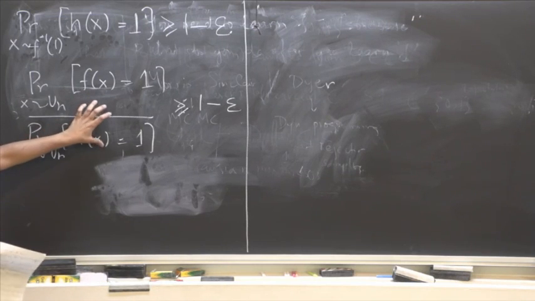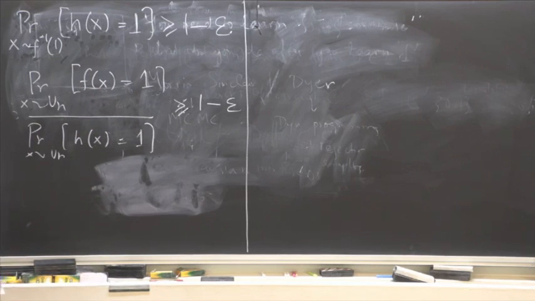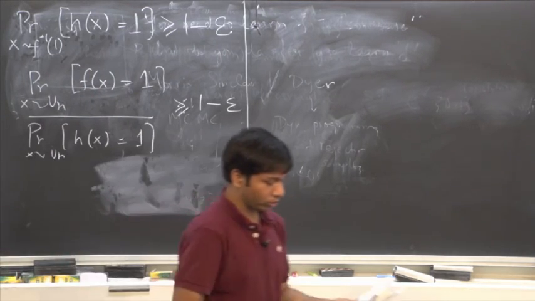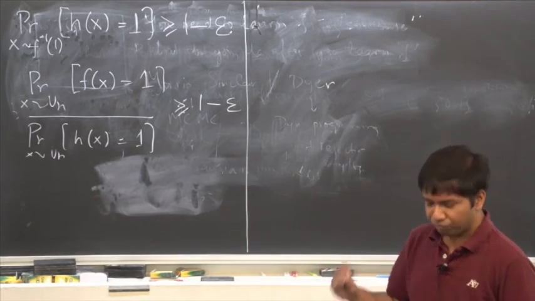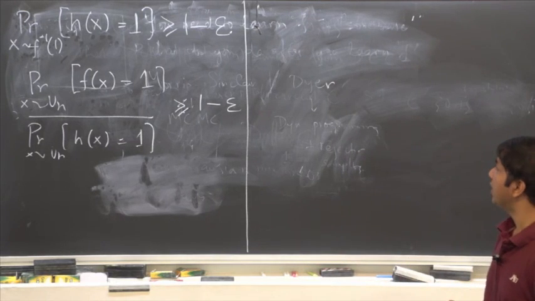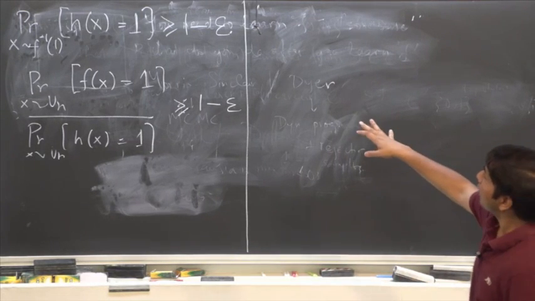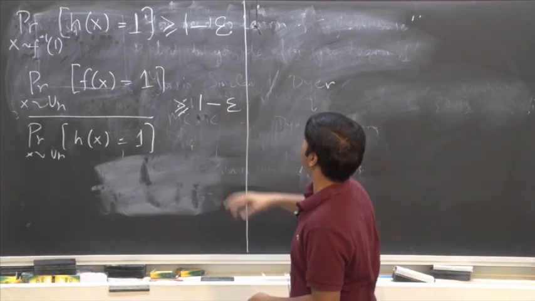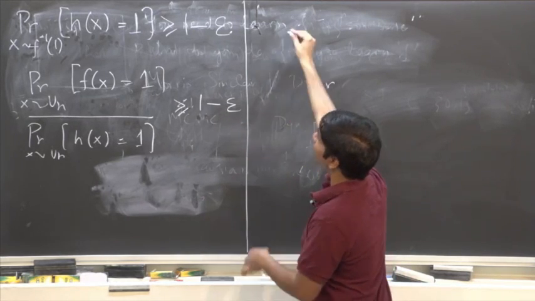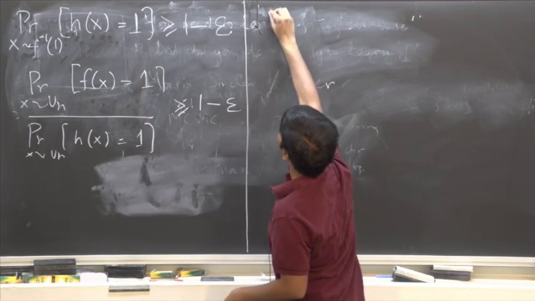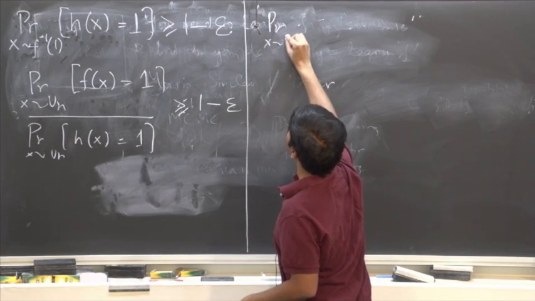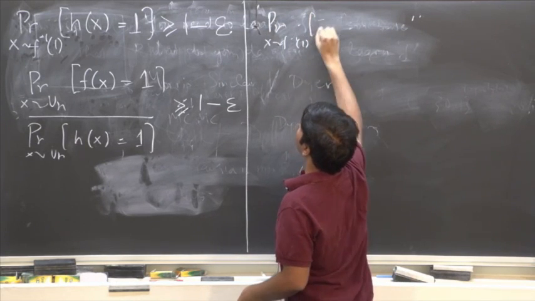You want to make sure that the set of satisfying assignments of h is not too large compared to the set of f. Okay, this is what we want to do. Suppose we relax the second criterion.